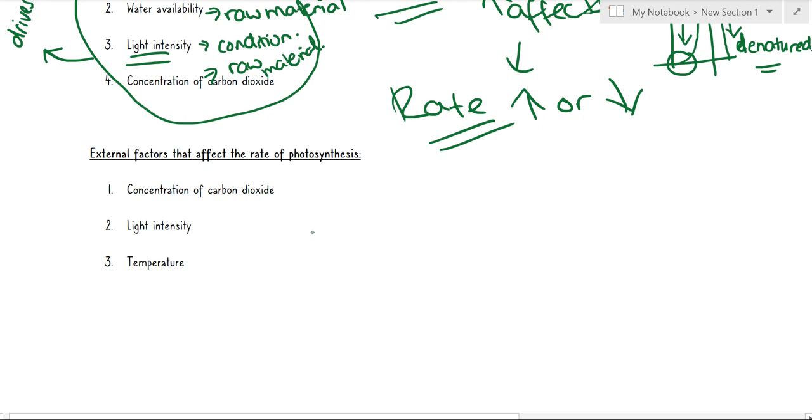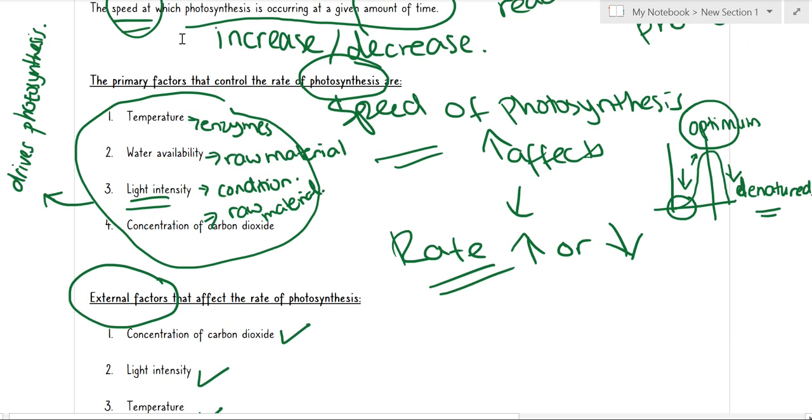Okay, so among all of those, we can actually see that the concentration of carbon dioxide, light intensity, and temperature are all external factors. Water availability in a way is, but it's underground. They can only get that underground. Temperature, we can actually control that.